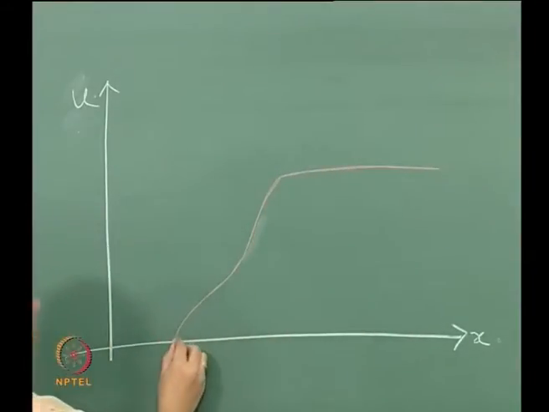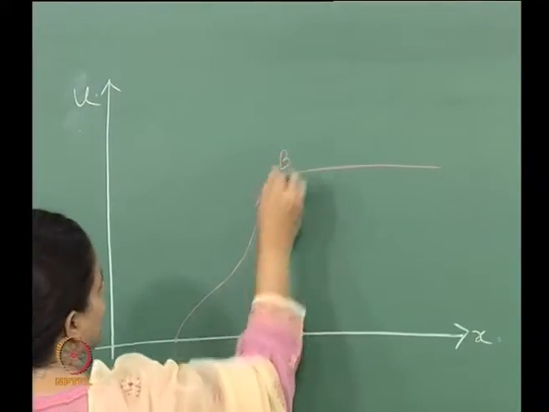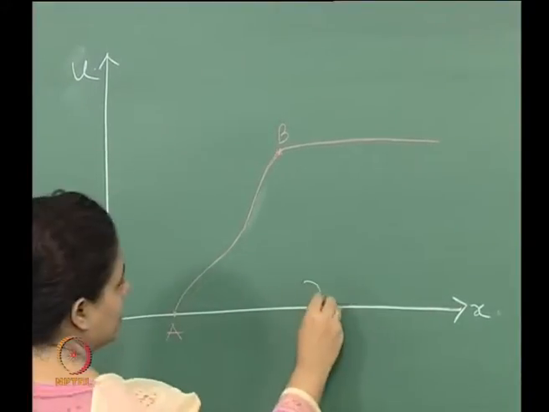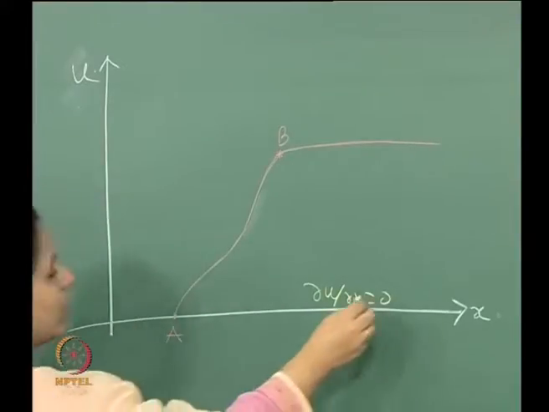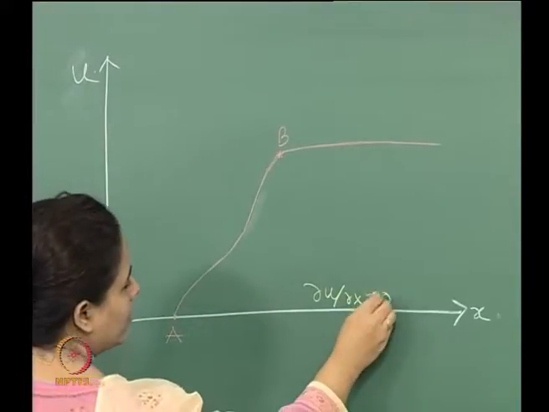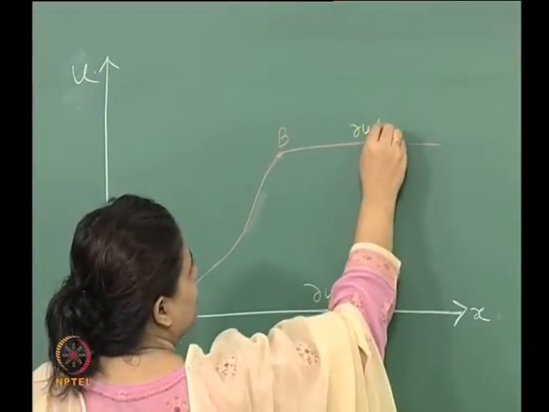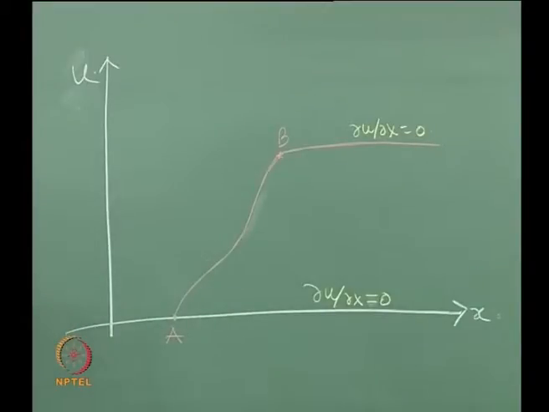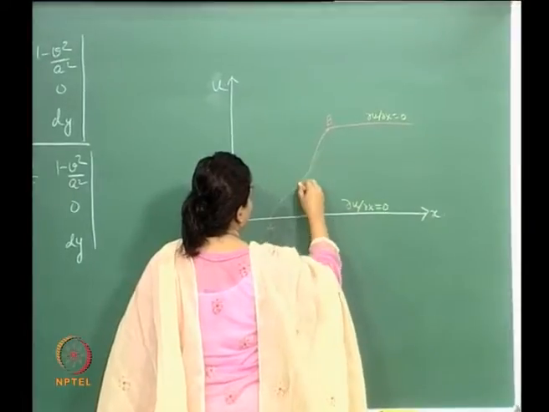So, let us say this point is A and this point is B. Now, if you see from here, del u del x is 0 on the x axis, and this is also parallel to the x axis, so del u del x is 0 over there as well.